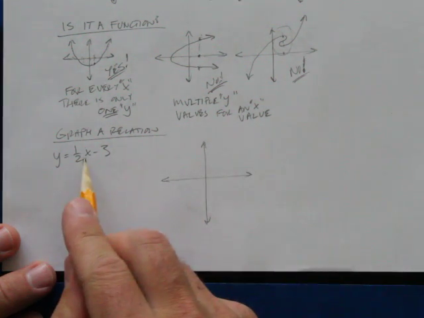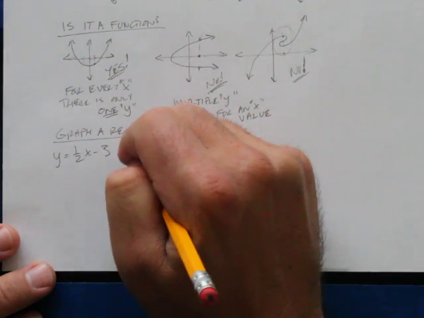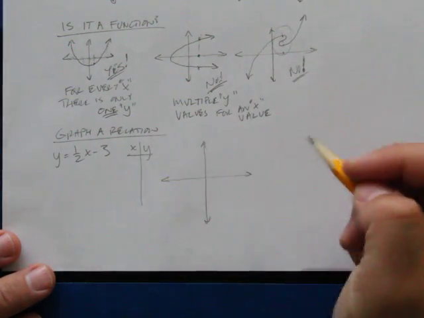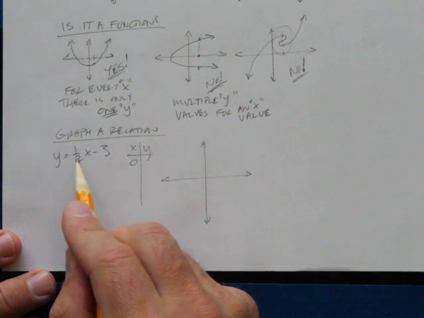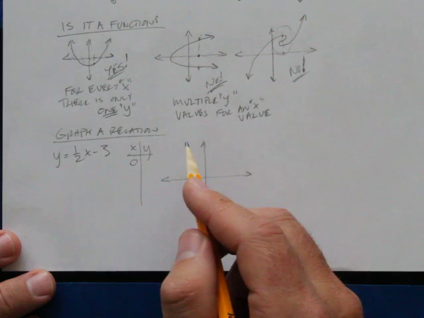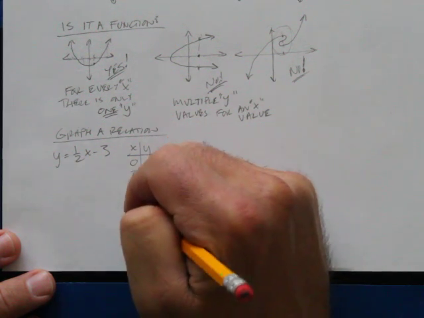One is you can plug in x values and get out what y values you're going to get. We make a t-table. We plug in some values for x. Let's just plug in 0. And then since I have 1/2 here, I'm going to pick values for x that are easy to take half of. So I'm going to say 2, 4, and 6.